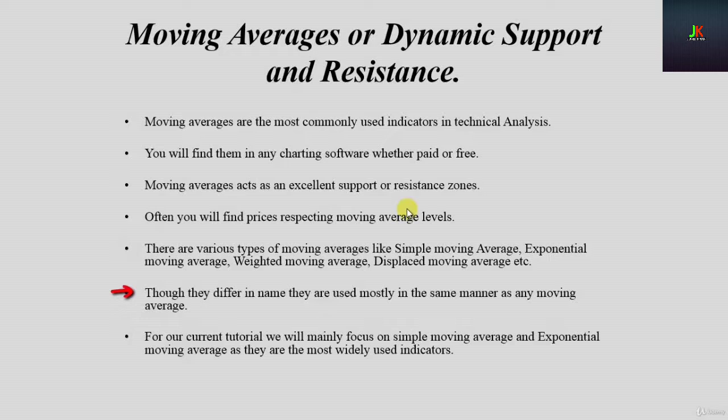Though they differ in name and calculation, the manner in which they are interpreted is mostly the same. For our current tutorial, we will mainly focus on simple moving average and exponential moving average, as they are the most widely used indicators.